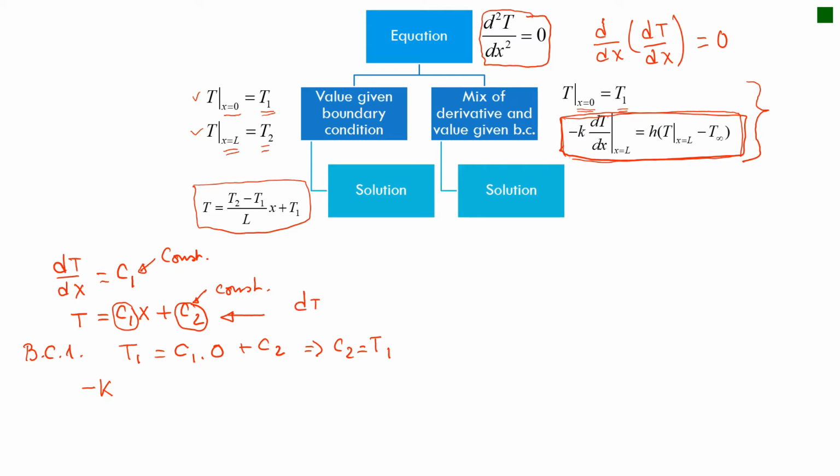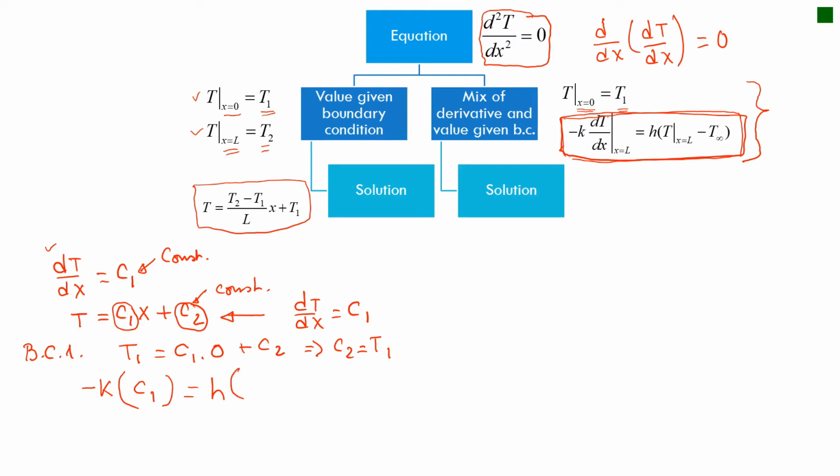So my dT/dx is of course C1 as we had it here. And so minus k times dT/dx at x equal to L is going to give me C1 because it's a constant, and is equal to h times now T at x equal to L.